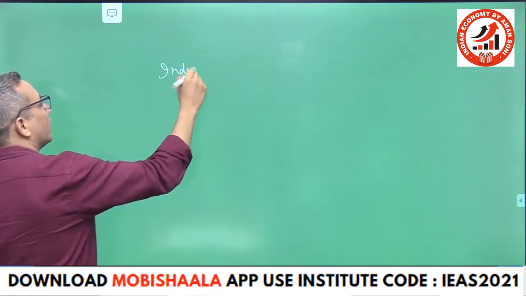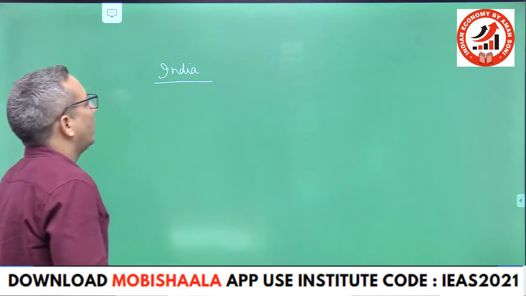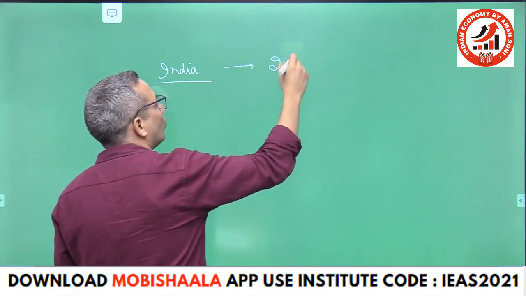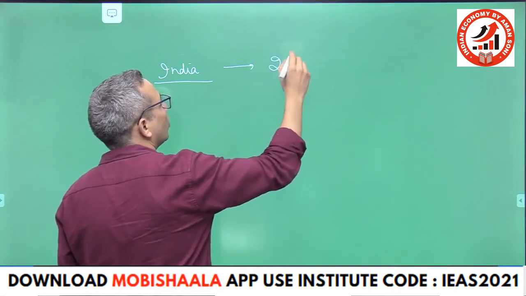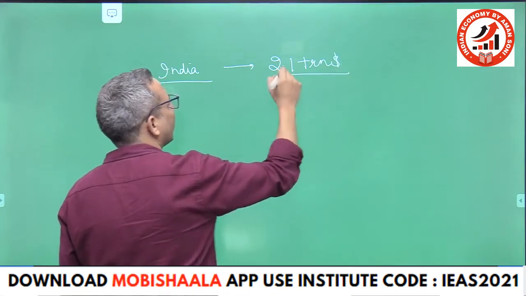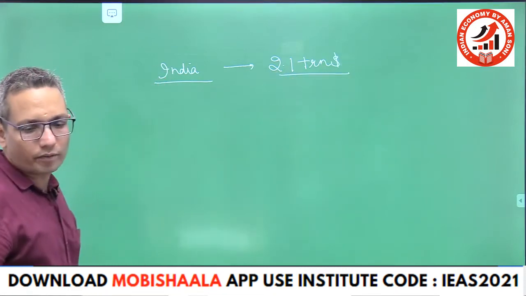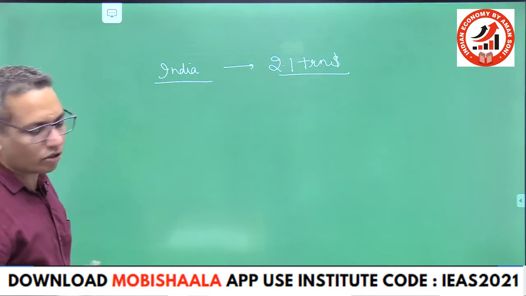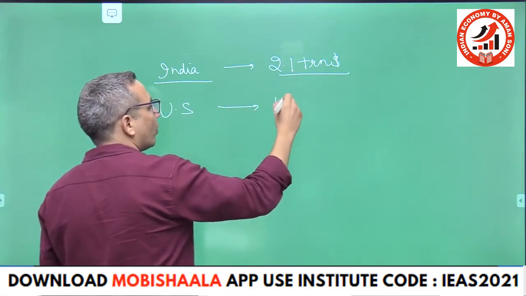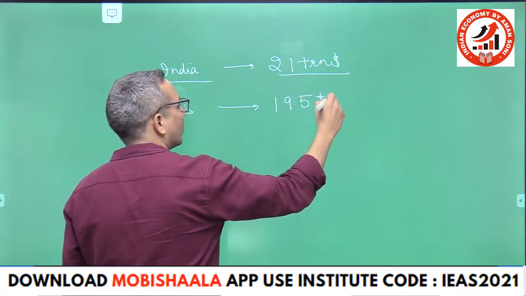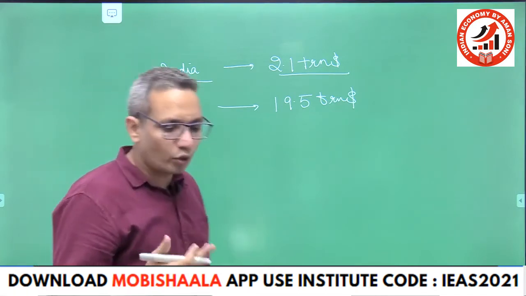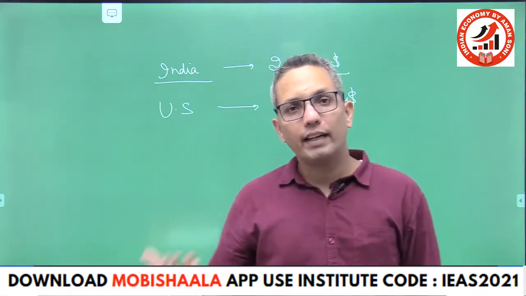India's GDP is around $2.1 trillion. And if I see USA's GDP, it is $19.5 trillion. So you would say that USA's GDP is around 10 times India's GDP.